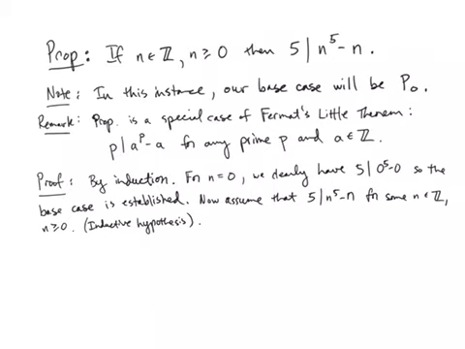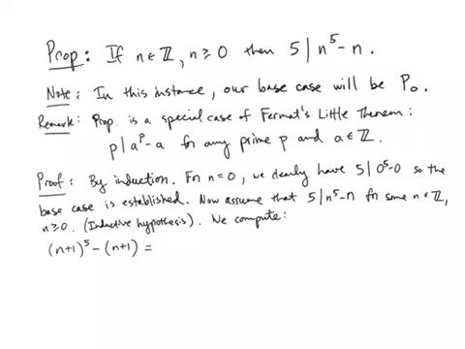Okay, so remember, this is our p sub n here, and we need to show that p sub n implies p sub n plus 1. So what we have to do is look at whether 5 divides n plus 1 to the 5th minus n plus 1. So we compute n plus 1 to the 5th minus n plus 1.